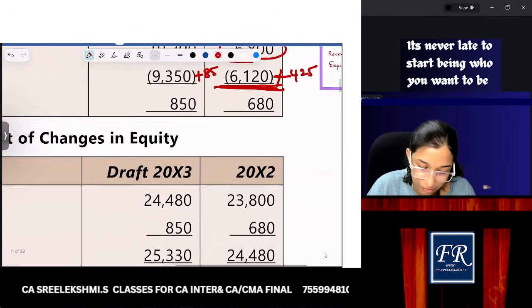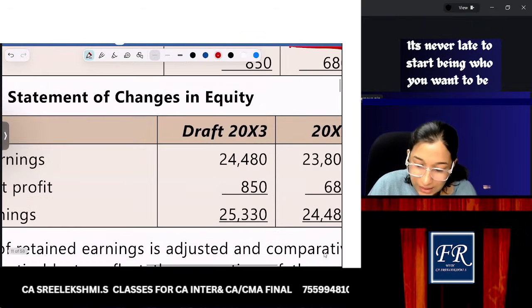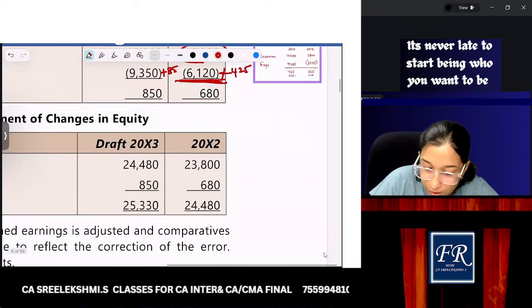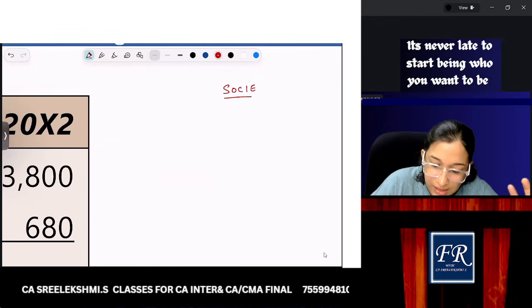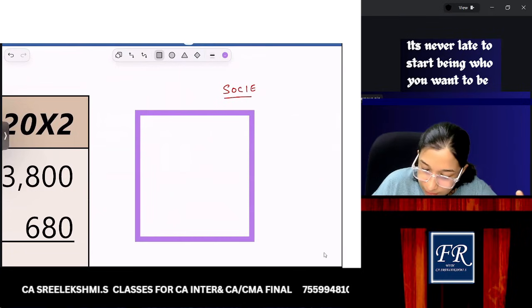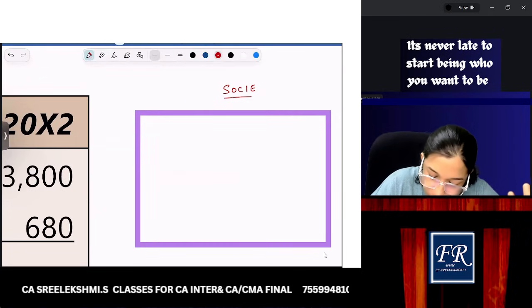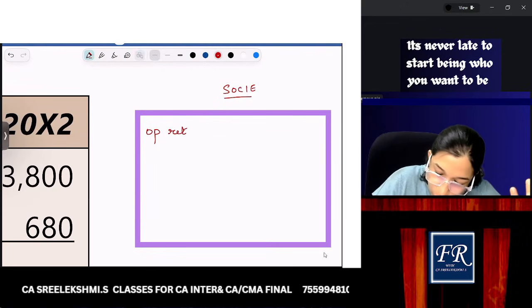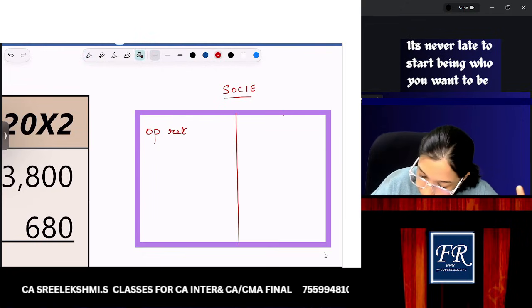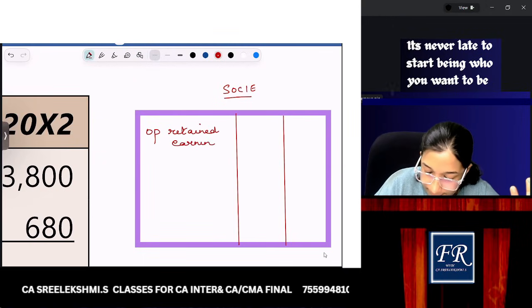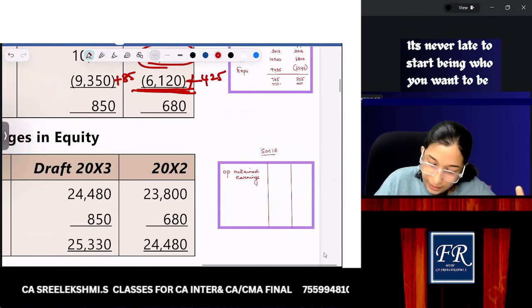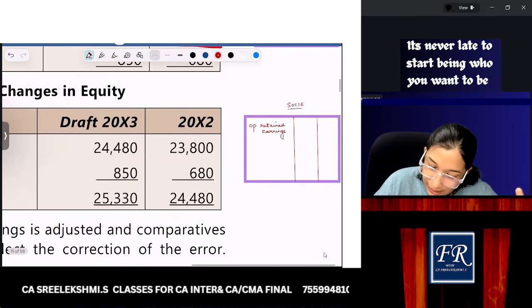Nothing more. Statement of changes in equity. What should I do in statement of changes in equity? How should I start? Opening retained earnings. So there are 2 years. How much was the opening retained earnings? 23,800.